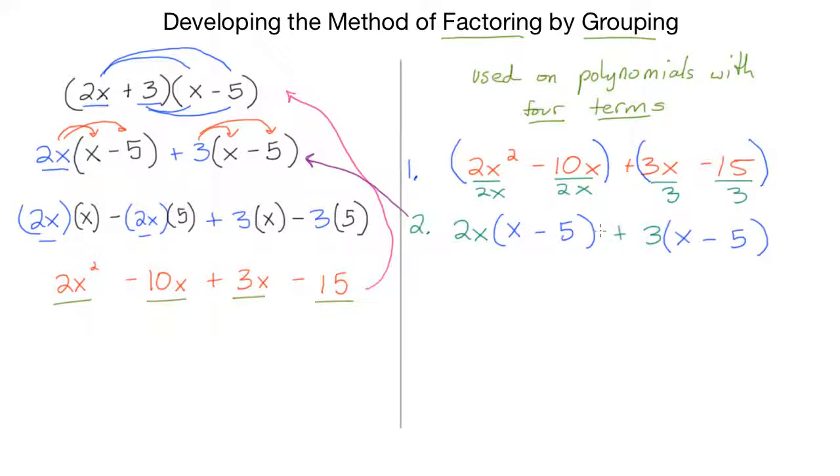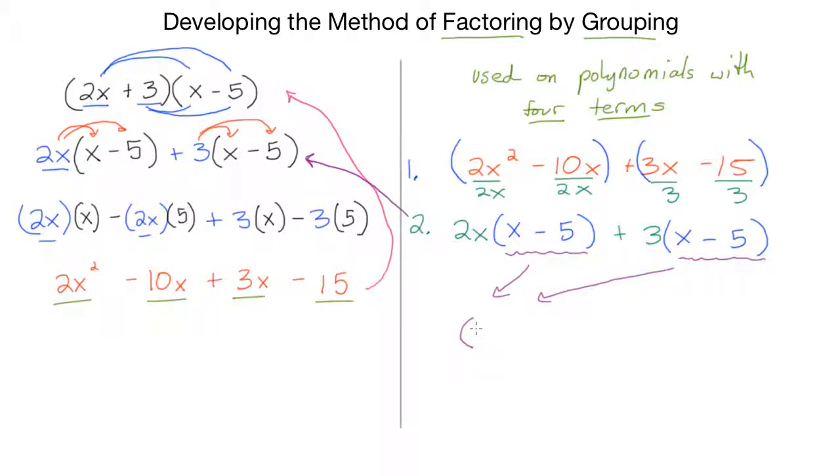Okay, now we're going to go one step more and recognize we have some other factors. This x minus 5 and this x minus 5 are common binomial factors. I can factor them out and recognize, oh, they both have an x minus 5 in common.